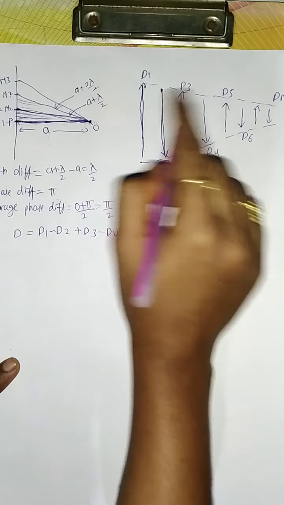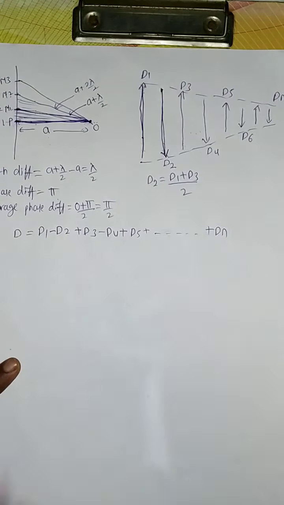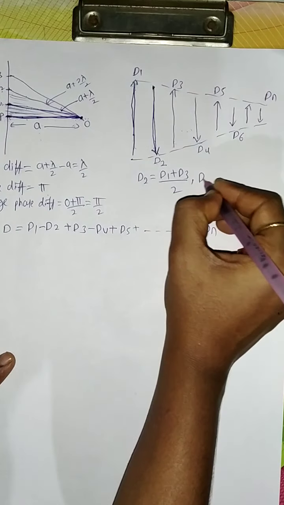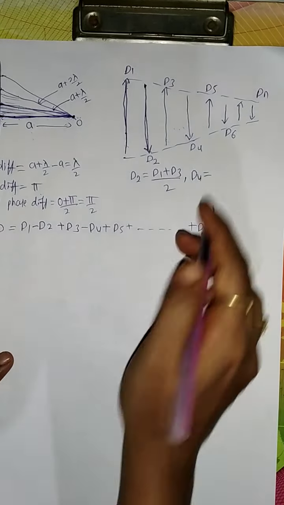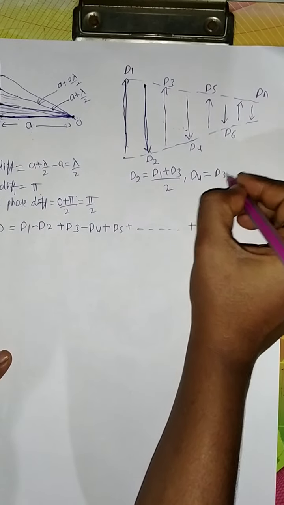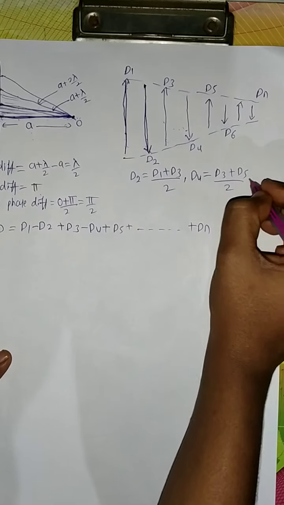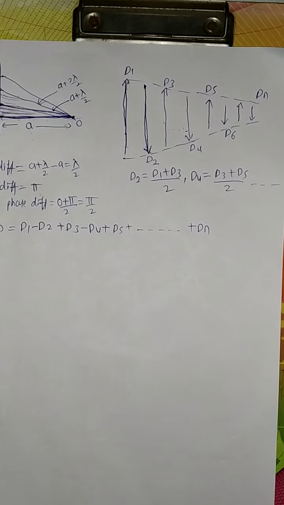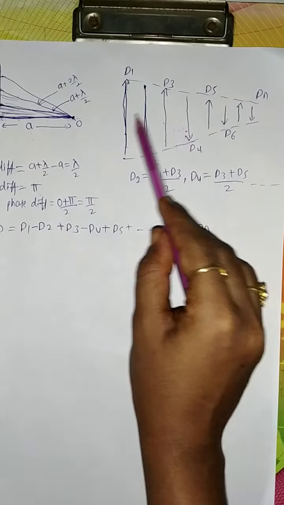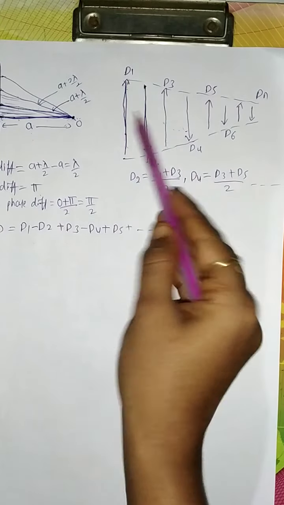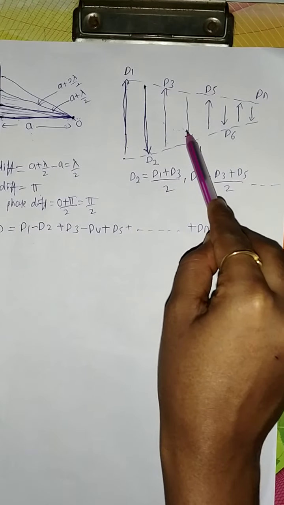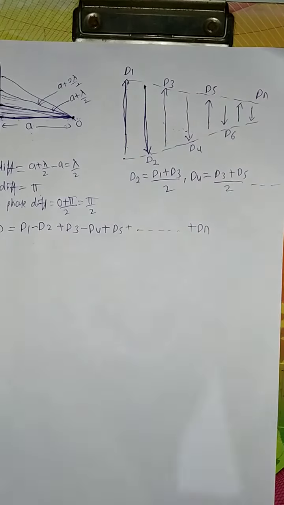In the same way, the value of D4 is the average of D3 and D5, so (D3 plus D5) divided by 2. Like that it will go. Every middle line is the average of the first and third line.